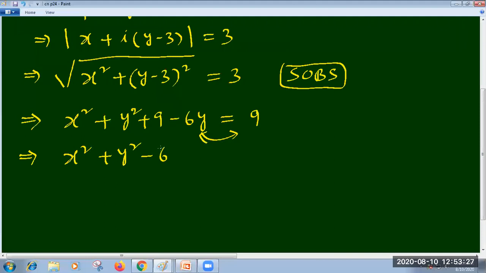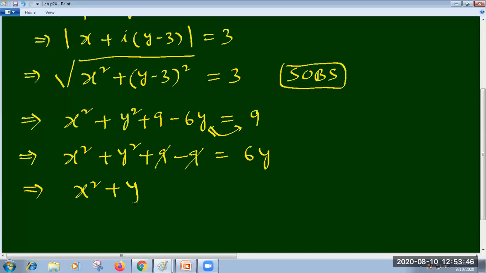So here plus 9 and minus 9 is equal to 6y. 6y on the right side, 9 on the left side, 9 will get cancelled. So this is x square plus y square is equal to 6y.